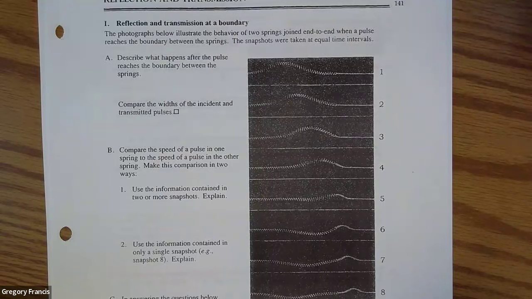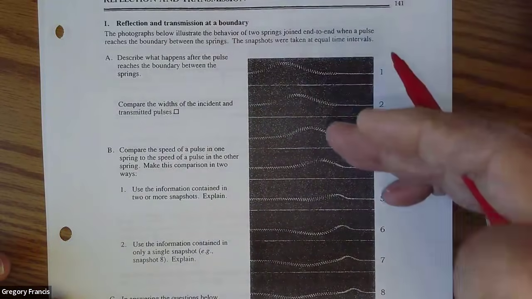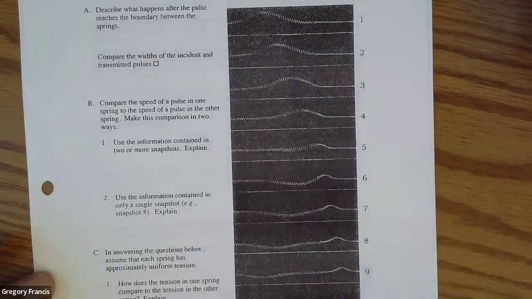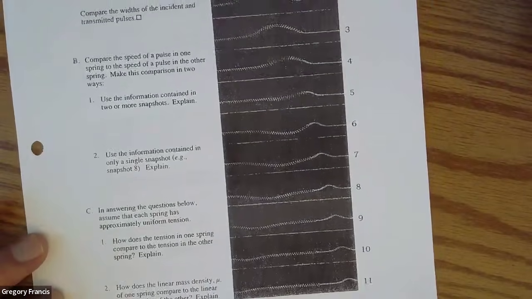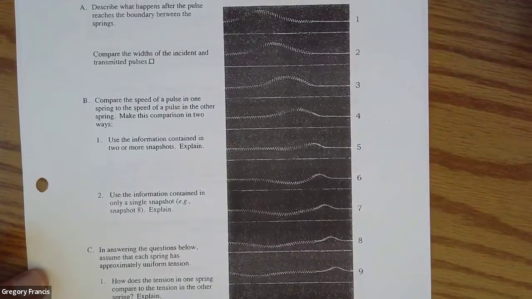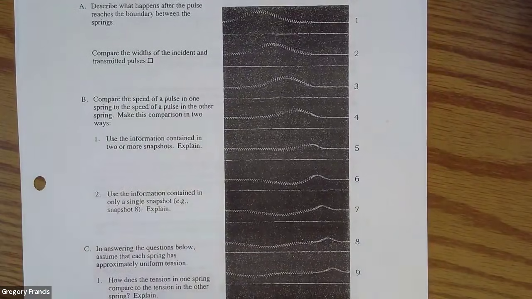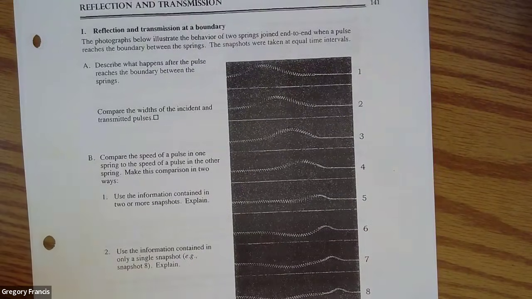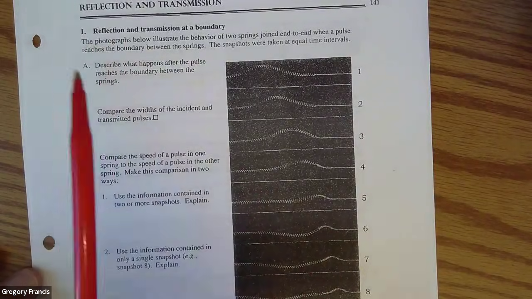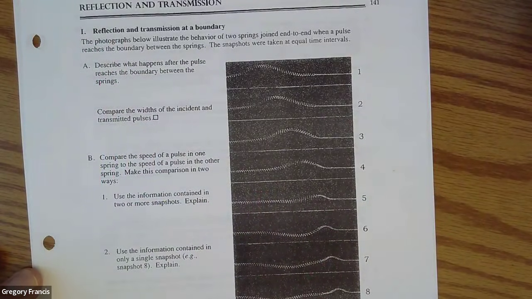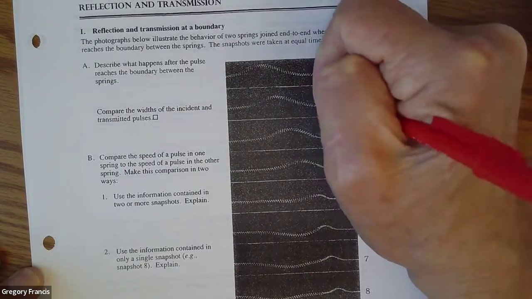We are looking at a bunch of pictures that were taken at equal time intervals as a strobe photograph. These are fairly primitive. They're from that textbook PSSC that was published in the 60s, but that's what Lillian was familiar with, and it serves our purpose. Now, we're looking at reflection and transmission at a boundary, and this is the boundary right here.